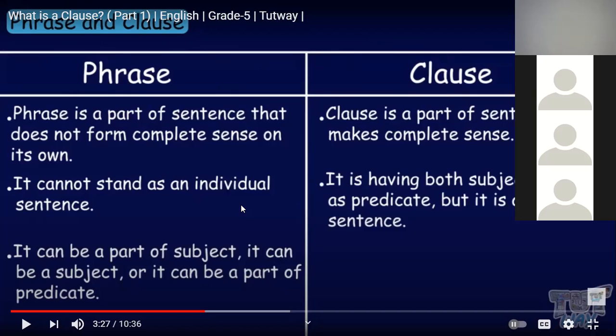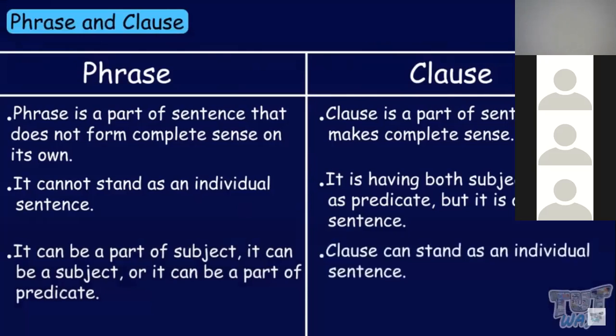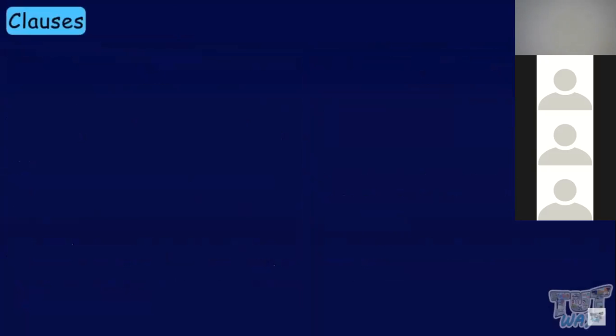And a clause has both subject as well as predicate, but is a part of a sentence. Yes, a clause can stand as an individual sentence.